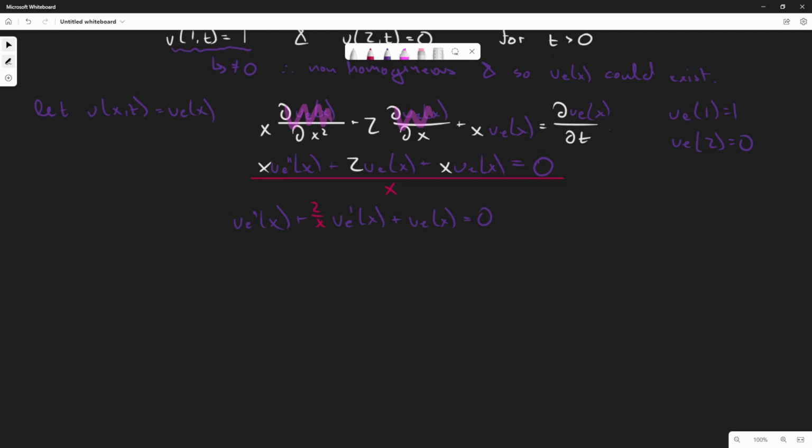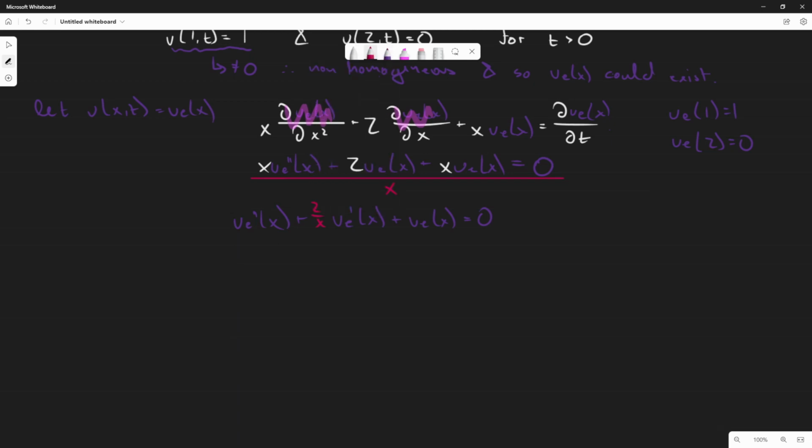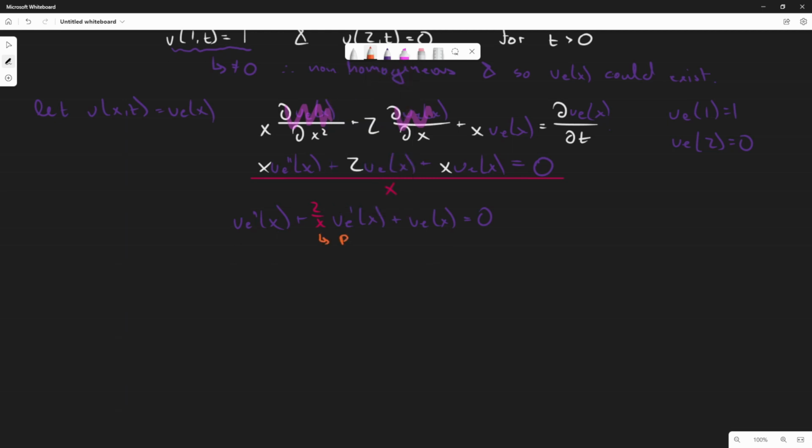We are going to find what r of x is. And so we are going to just do that right now. So we're going to let r of x be equal to, well, actually, before we do that, let's actually define or find what our p and q are. As you can see, this is going to be p of x, so this will just be 2 over x.